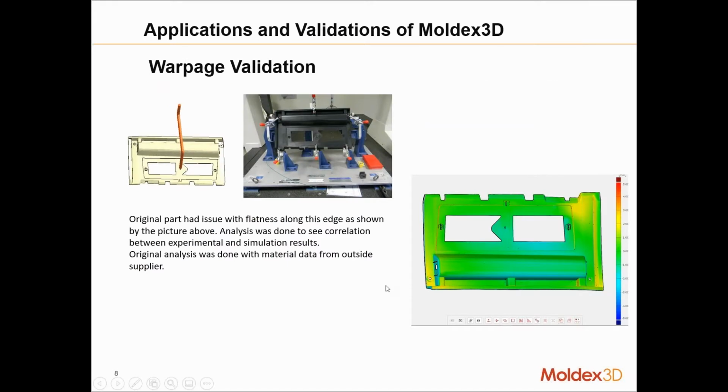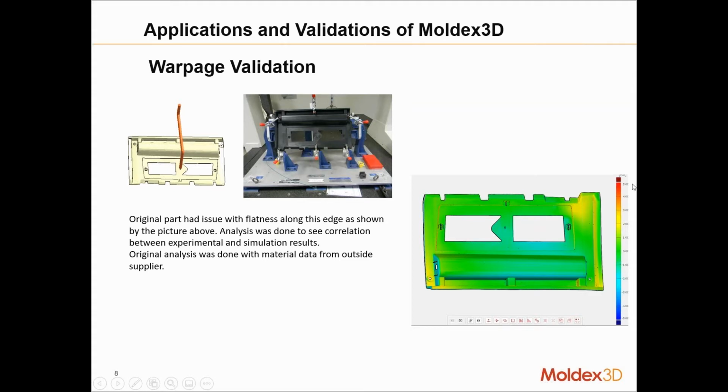And this is another validation of warpage. This is a glove box on the passenger side. On the right, it's a simulation versus experimental data comparison. If you are seeing the green colors, it means overall the prediction is good.